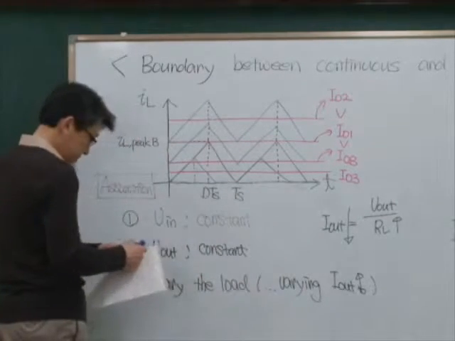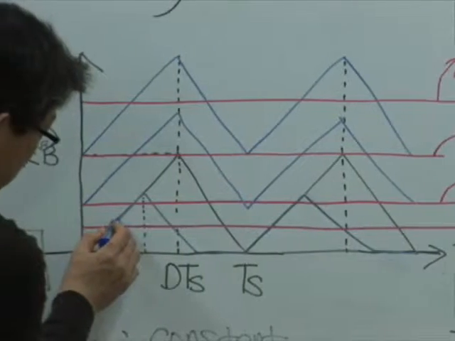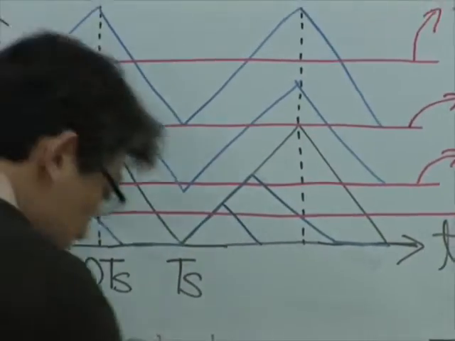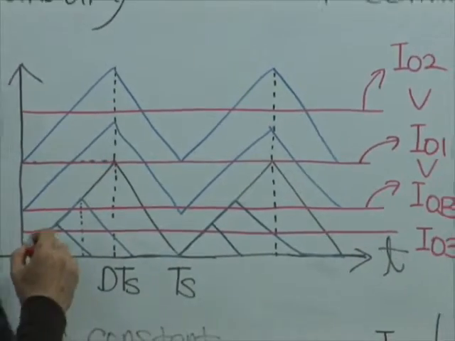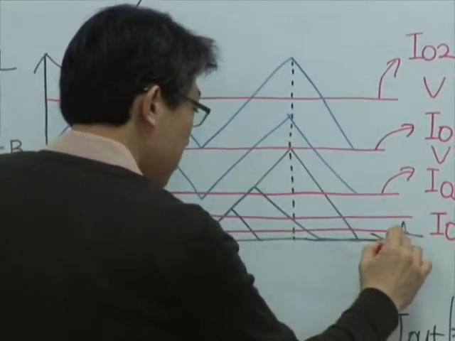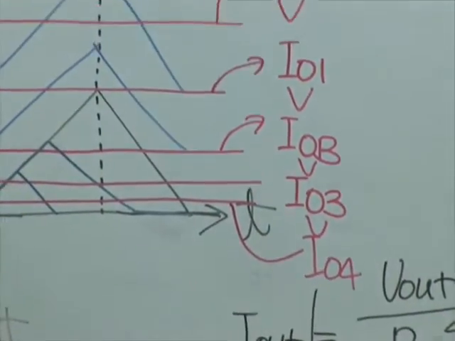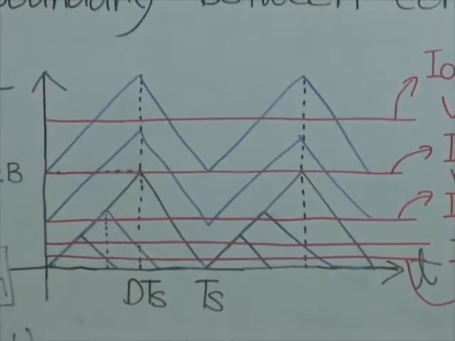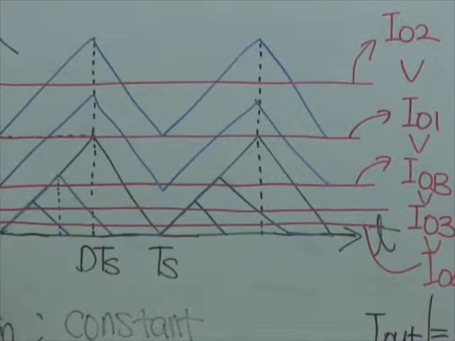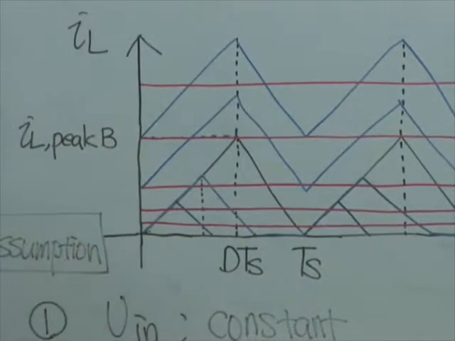Then if I continuously decrease, then it becomes like this. Okay, smaller. Okay. So the only possible way to have lower output current is to have smaller duty ratio.